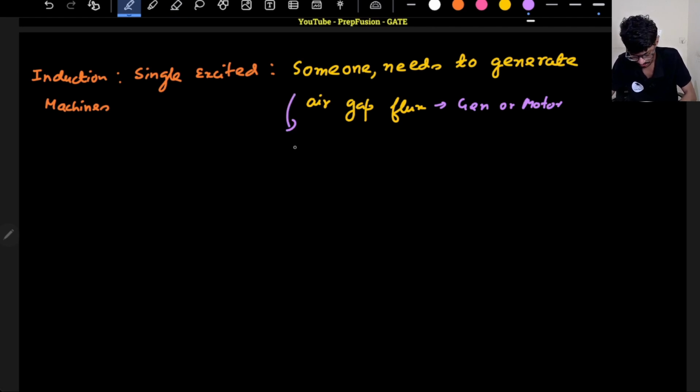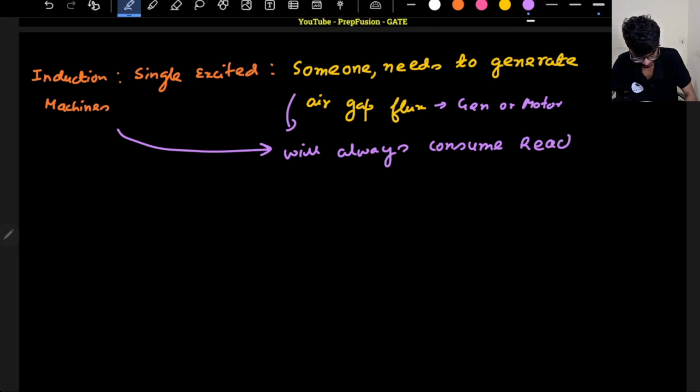So induction machines will always consume reactive power, no matter what. Whether it be a generator or a motor.